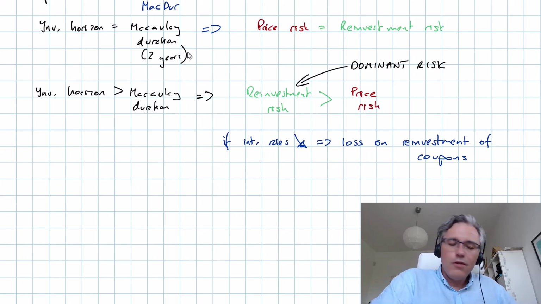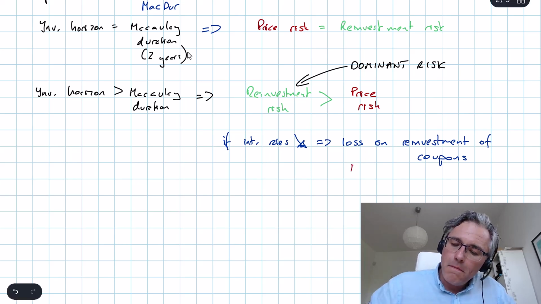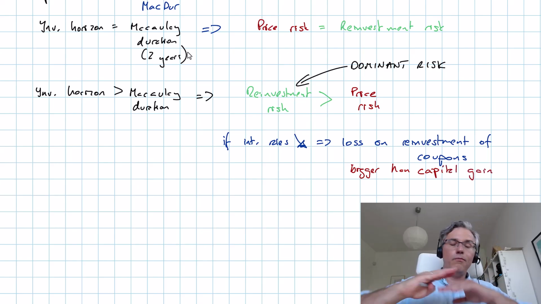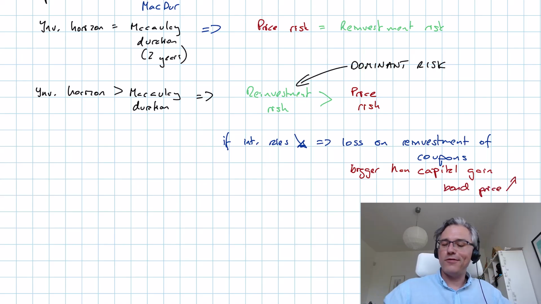And that loss on the reinvestment of the coupon will unfortunately be bigger than the capital gain on the bond price. So let me change this to capital gain from the bond price going up. Because bond prices do go up when interest rates fall, don't they?